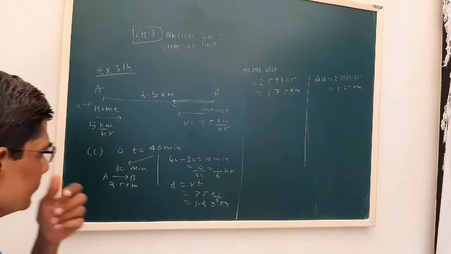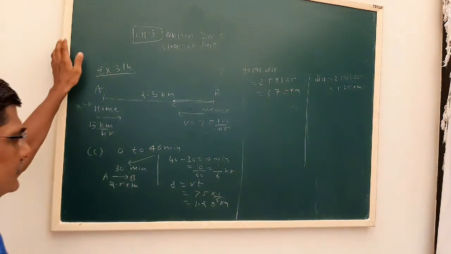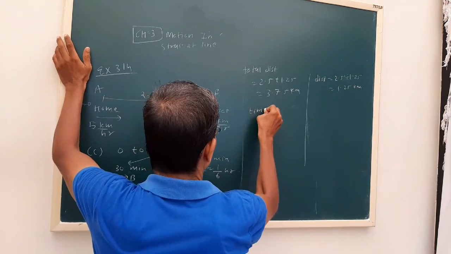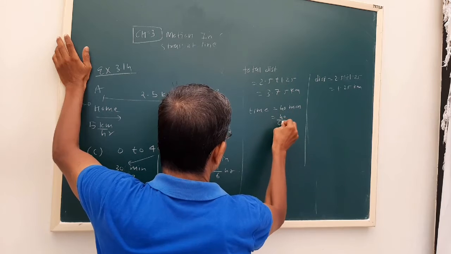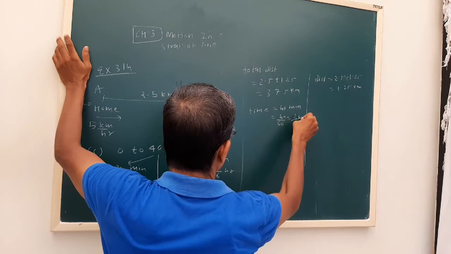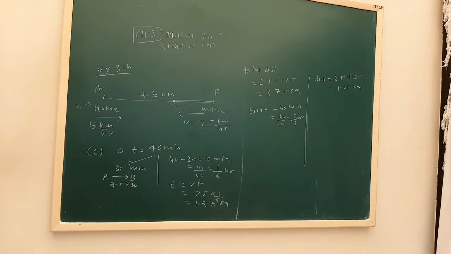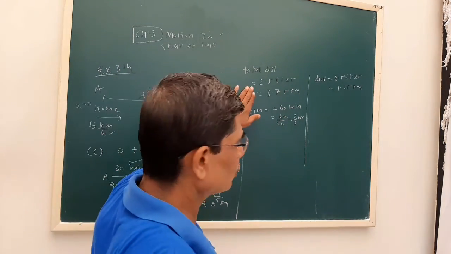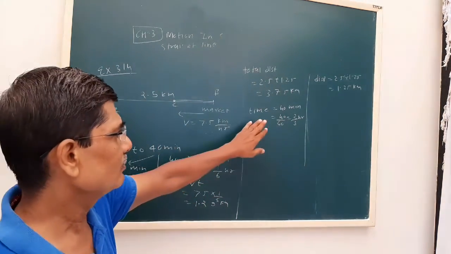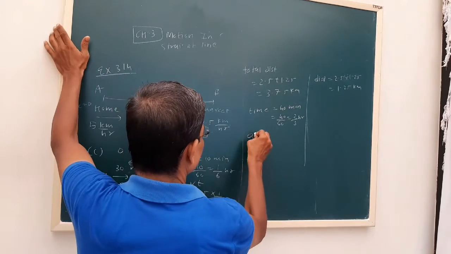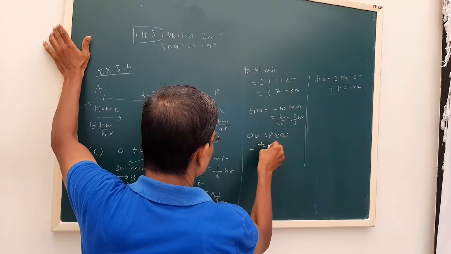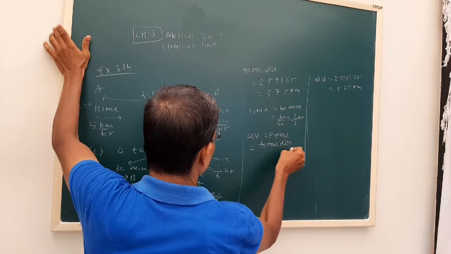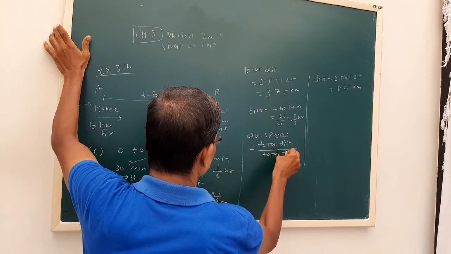Okay, now time interval, 40 minutes, 40 upon 60. Okay, now we have got the total distance also, time also, so we can get average speed, total distance upon total time.